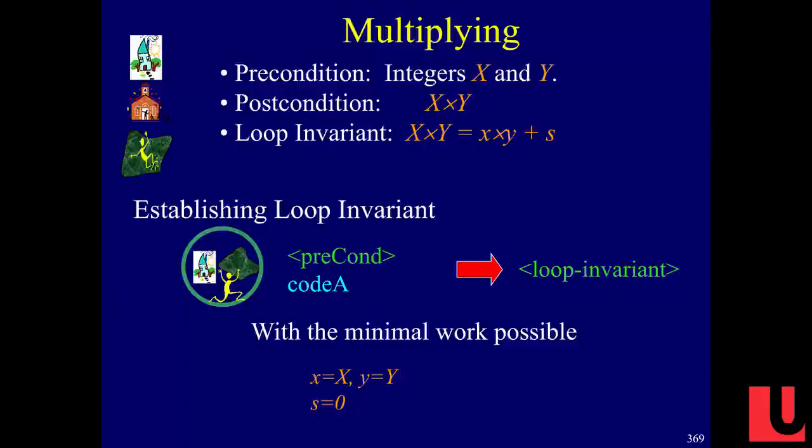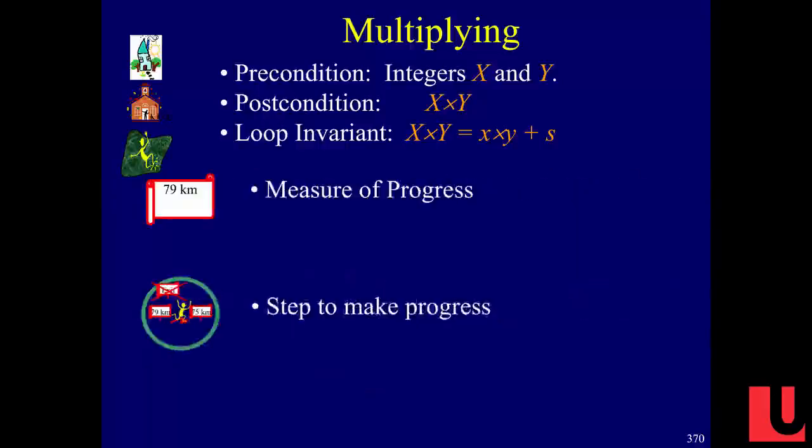We've established it. All right, so now, what's our measure of progress? Well, remember, we have to do two things now. We have to maintain the loop invariant while making progress. And my advice was, let's first make progress. Our measure of progress is x, so let's make progress by making x smaller.